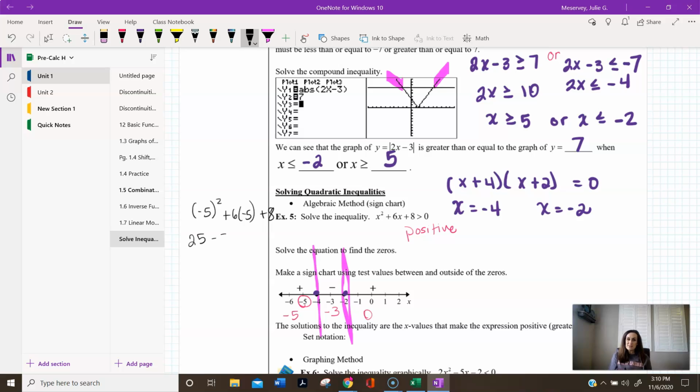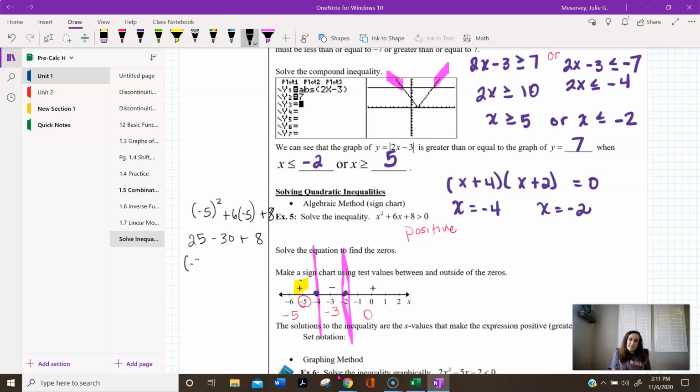So 25 subtract 30 plus 8 is barely going to be positive. So you can see any number that I plug in to the left of that -4 is going to come out positive.